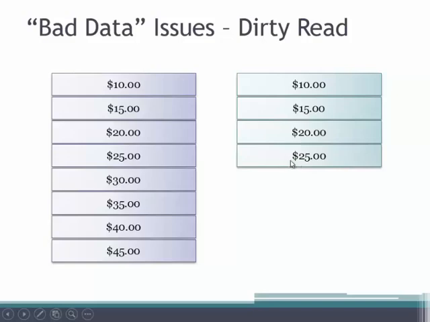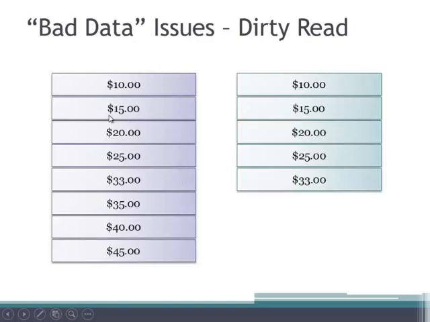and it reaches this point. And at this point, someone in another session starts a transaction to change the price of this product here from $30 to $33. Our query continues to run, picks up the new data, and then another transaction happens that modifies data.